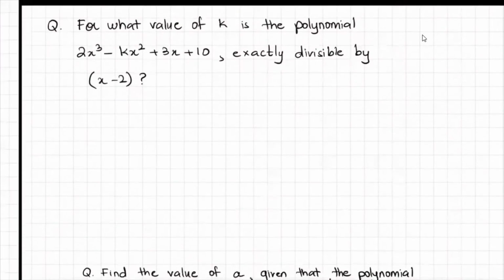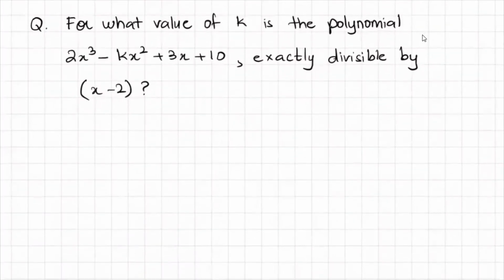The question says, for what value of k is the polynomial, let's highlight the important stuff, exactly divisible by this? What does the phrase exactly divisible by mean? Exactly divisible means that your remainder is going to be 0, which means it's a factor.